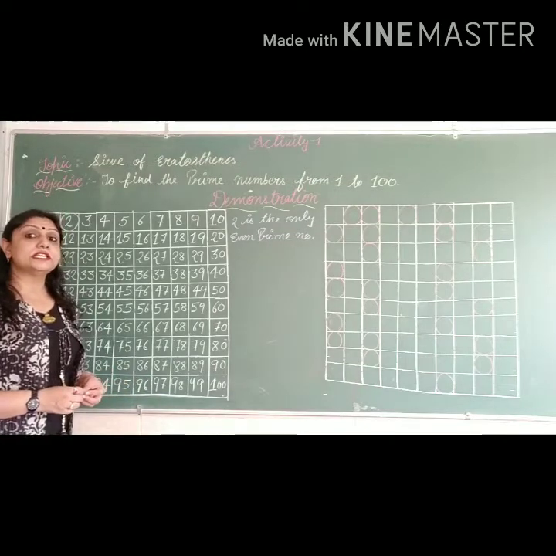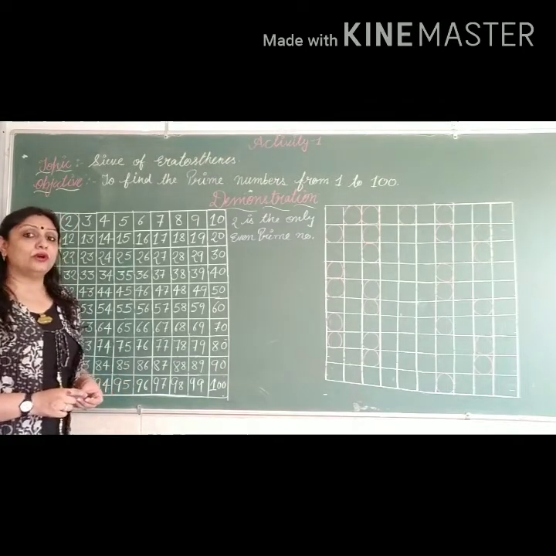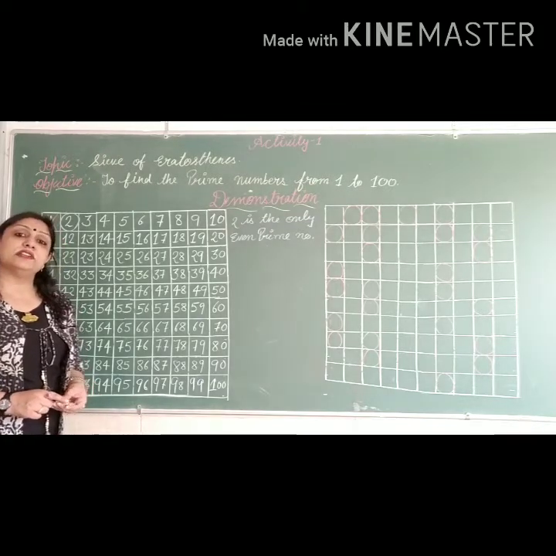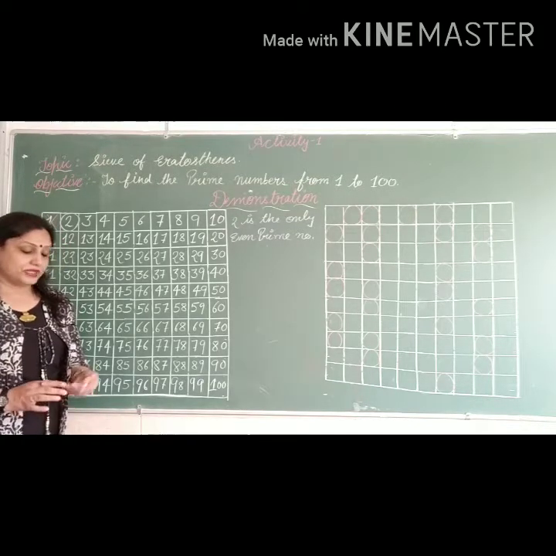Now come to the multiples of 2. We will be crossing all the multiples of 2. Do you know why? Because those will not be prime numbers, because they will have 2 as a factor.